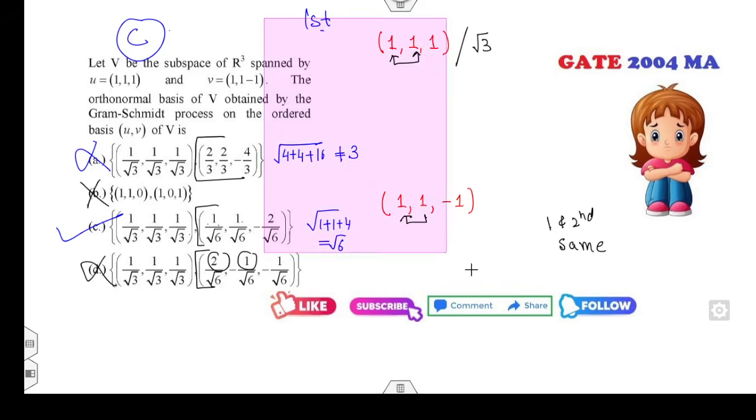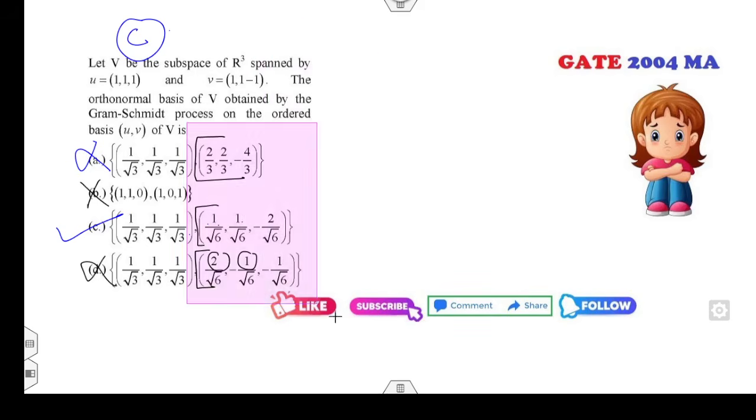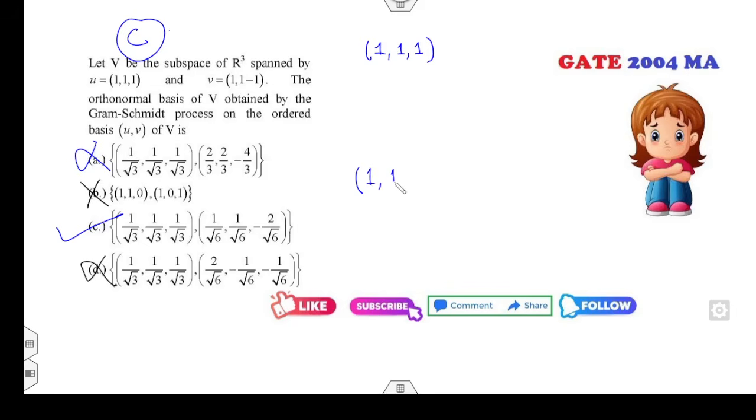Second method is, instead of this, I can write again the first vector 1 1 1, and this is 1 1 -1. I can write minus of the second vector again, fine. Find the dot product. What will happen? 1 + 1 - 1, which is 1, divided by the length, which will be 1 square + 1 square + 1 square, 3.